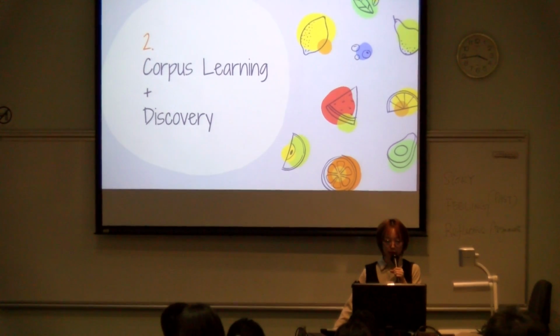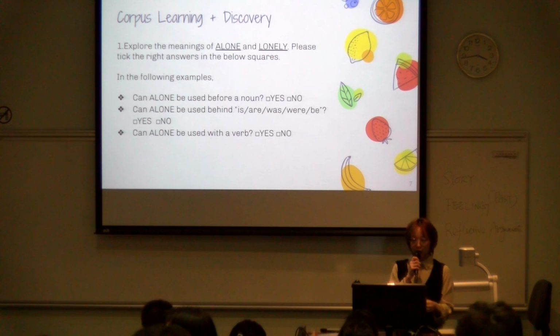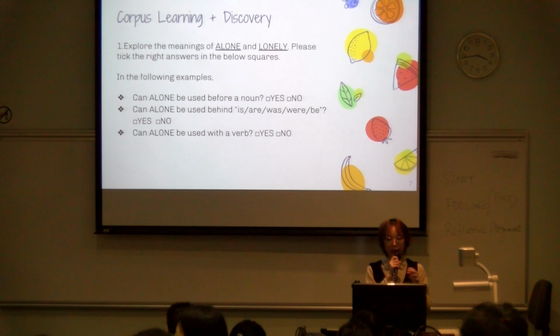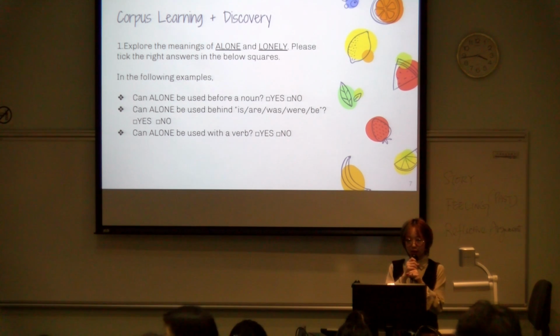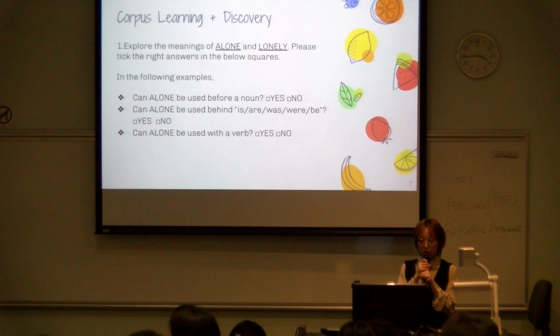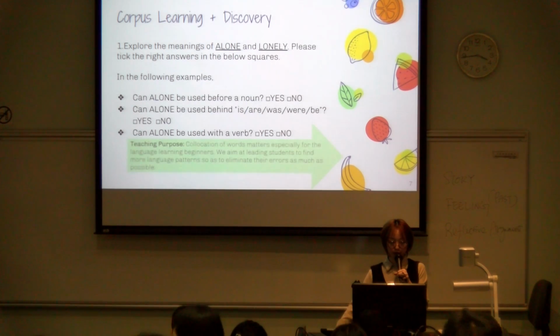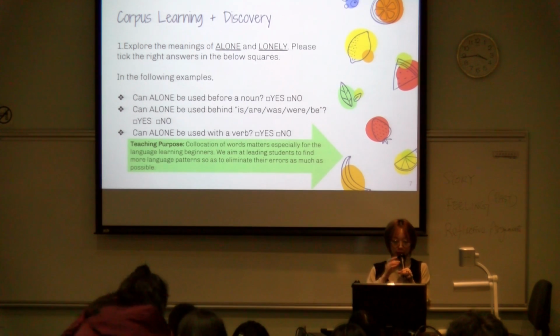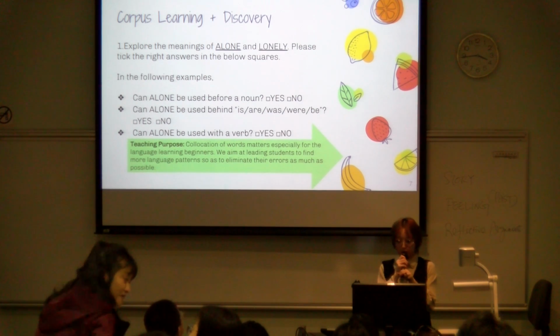The second part is corpus-based discovery. Here we ask them to explore the meanings of alone and lonely, and choose the right answer in the squares below, like: can alone be used before a noun, or behind linking verbs, or with a verb? Here we focus and emphasize the collocation of words.